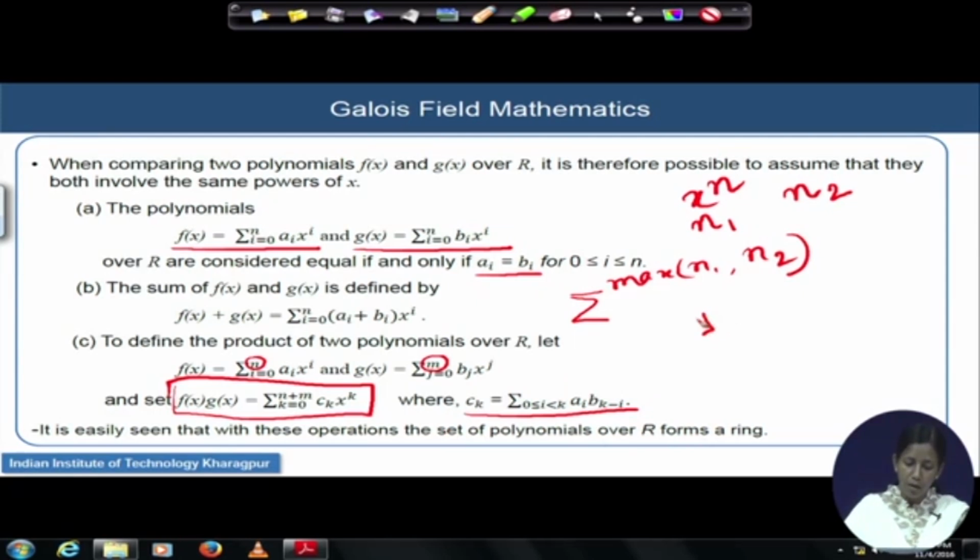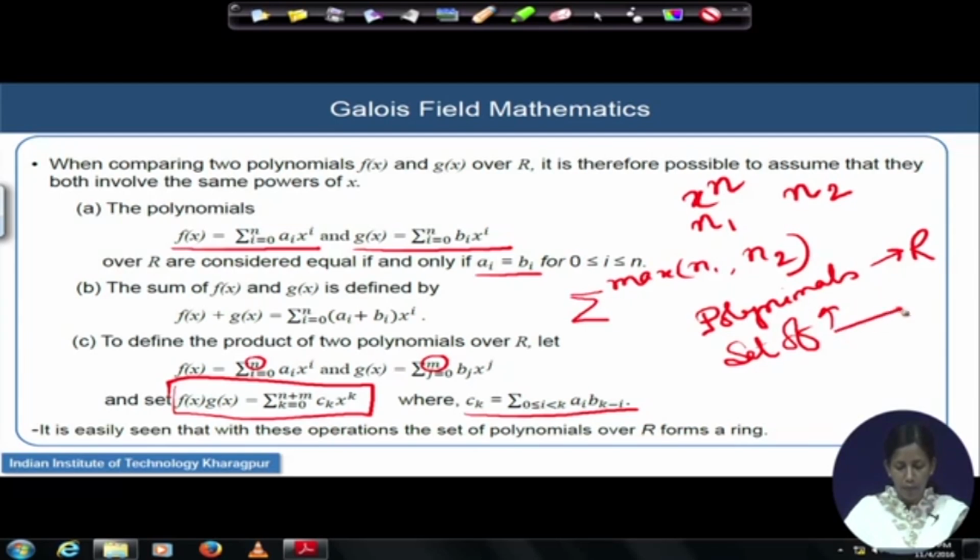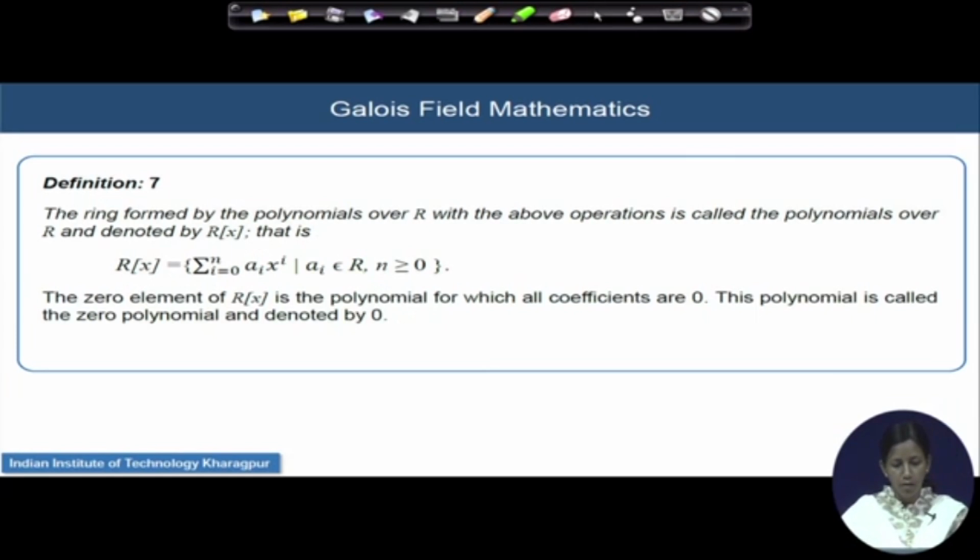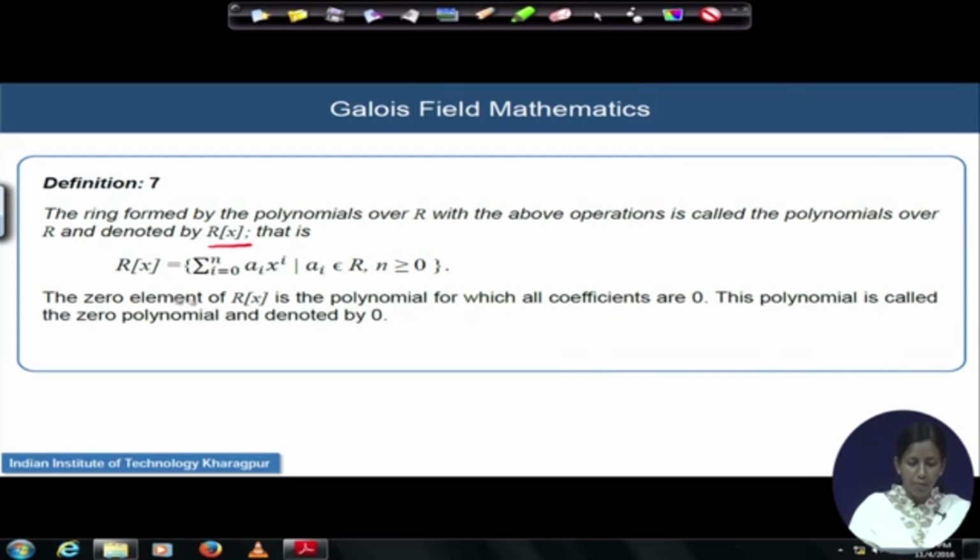So polynomials are a part of a ring, and the set of polynomials having such properties can form another ring, which we will call the polynomial ring over the ring R. The ring formed by the polynomials over R with these properties will be expressed by R[x], where R[x] is given as the sum of i going from 0 to n of a_i x^i, where a_i is drawn from the ring R and n should be an integer greater than or equal to 0.